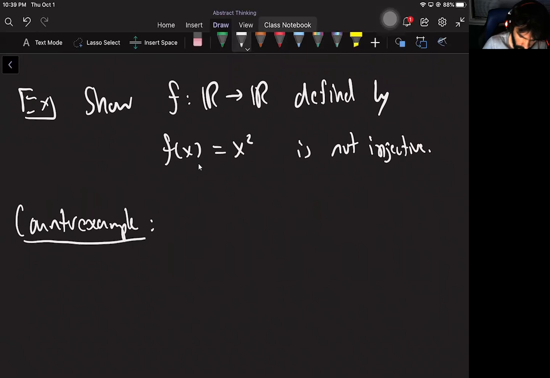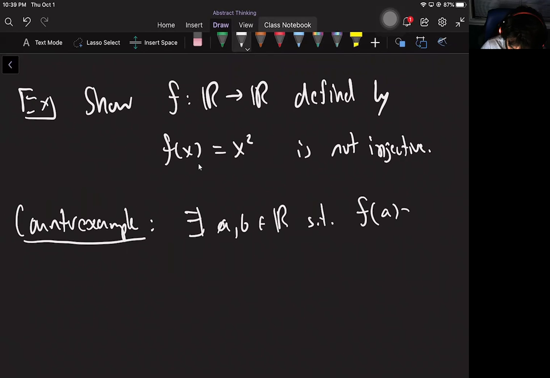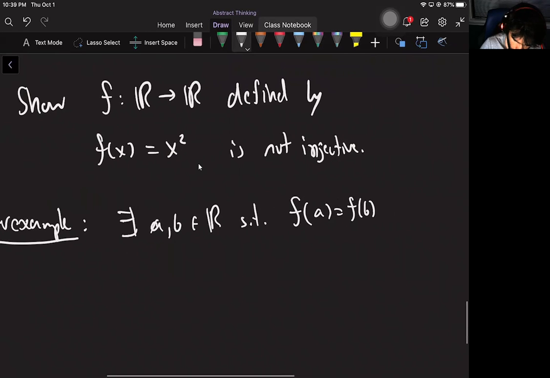And so you're giving a counterexample to the fancy definition by saying that there do exist two numbers such that even though they go to the same place, they are not the same number. They are not the same input.